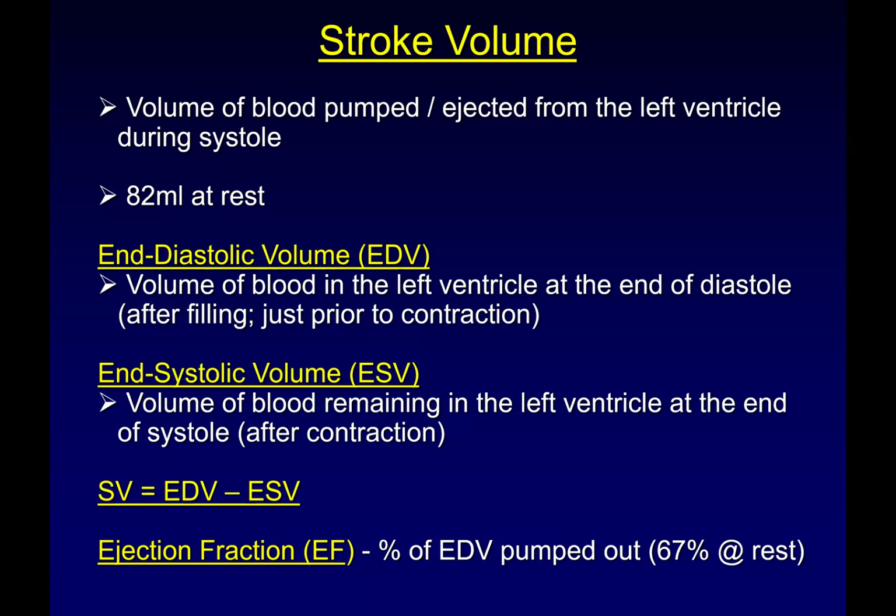Okay, that amount is termed stroke volume. It is the mathematical difference between what we call end diastolic volume and end systolic volume. This is a thing that I think we overly complicated.